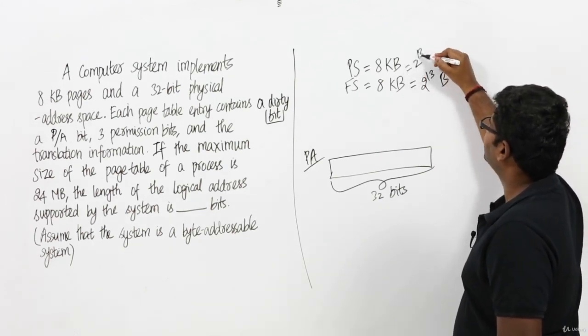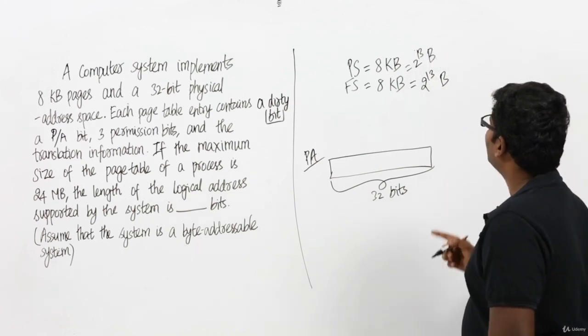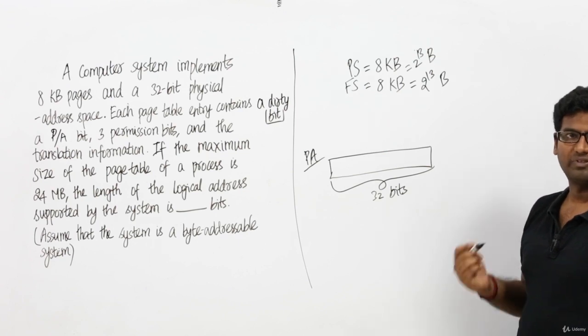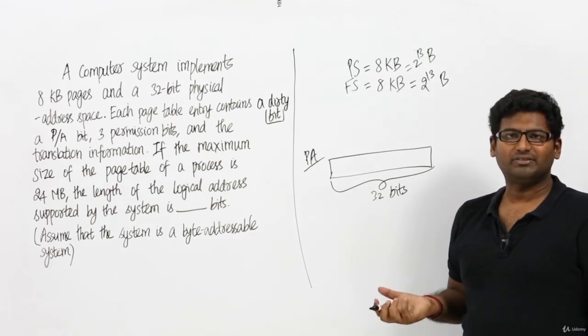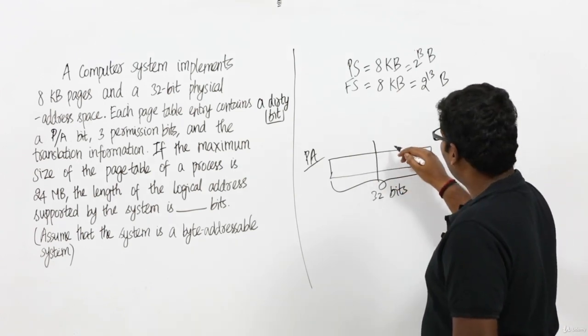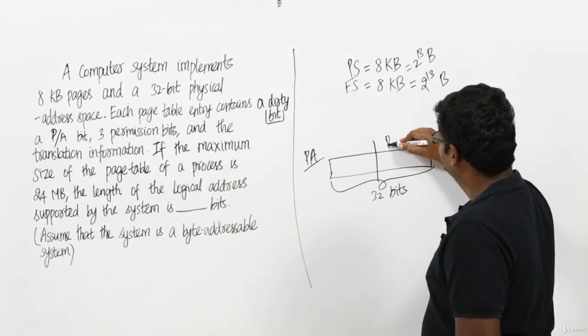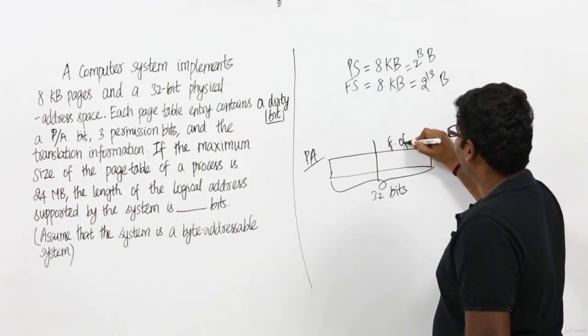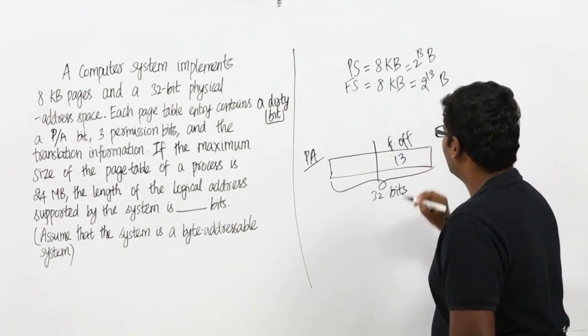2 power 13 bytes. Now, in order to address 2 power 13 bytes, assuming that it is a byte addressable system, we need 13 bits. So our page offset or frame offset, since it is a physical address, our frame offset field will have 13 bits.